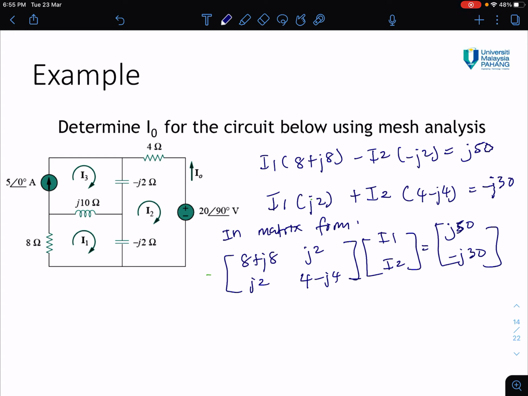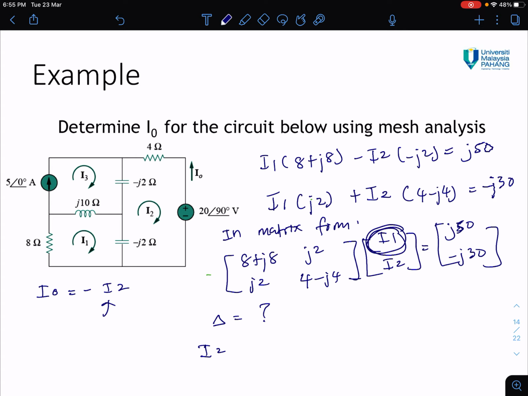After this you need to find the determinant. Just to recall, we need to find I naught. I naught equals minus I2. So actually we just need to find I2. You don't need to solve I1. So what is I2?